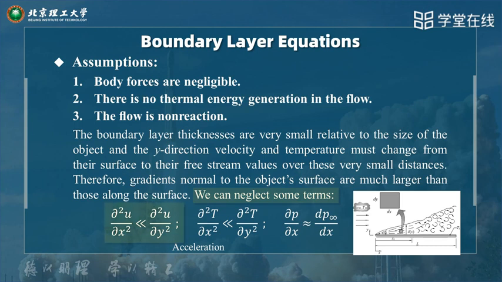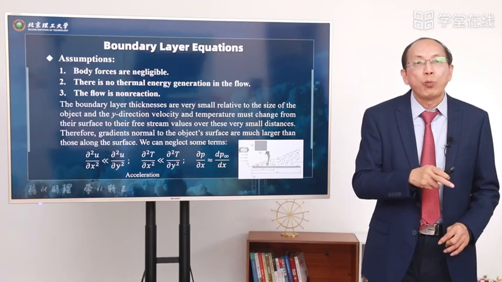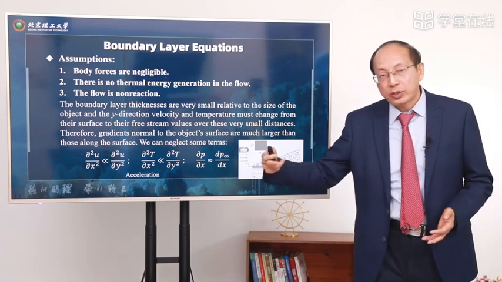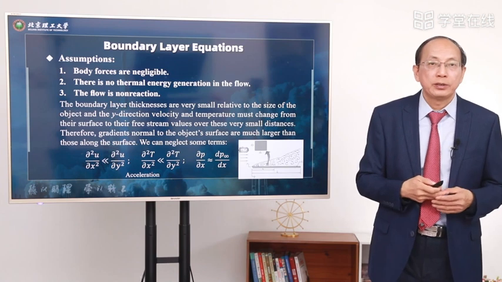For example, partial squared u over partial x squared certainly is smaller than partial squared u over partial y squared. In the y direction, the change is larger. In the x direction, the change is not so big.